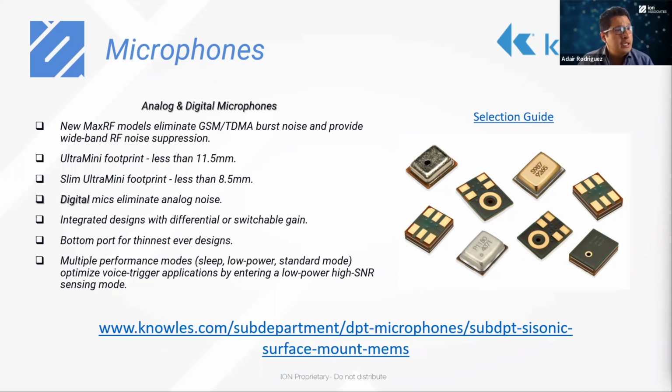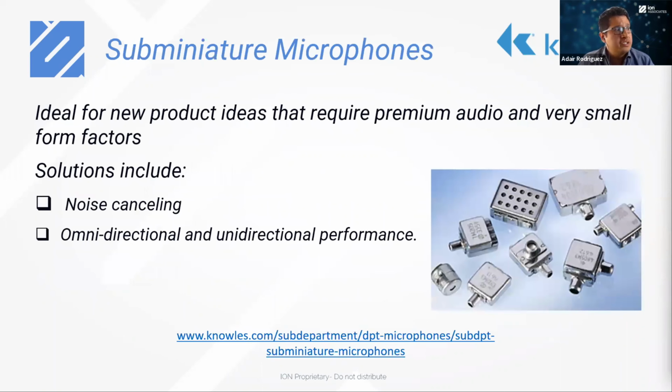Another thing that we are able to provide with Knowles is the sub-miniature microphones, similar to the balanced armature drivers, also helping in noise canceling, and these can be omnidirectional and unidirectional.